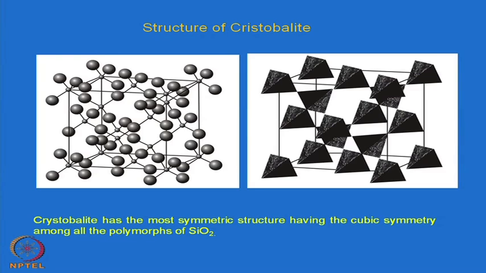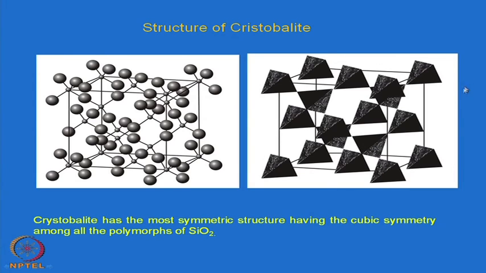Here a group of atoms is positioned at each corner of the cube. So, each corner is occupied by a silicon oxygen tetrahedron, not by only silicon or only oxygen. A tetrahedron is sitting at each of the corners as well as the face centers. So, this is a face center, this is another face center. In all there will be 8 and 6, 14 tetrahedra forming the face centered cubic structure.